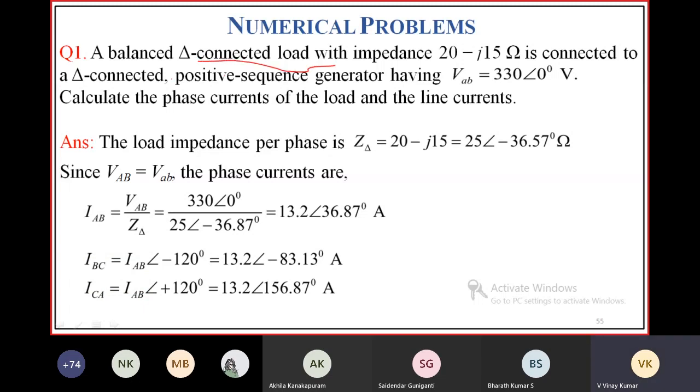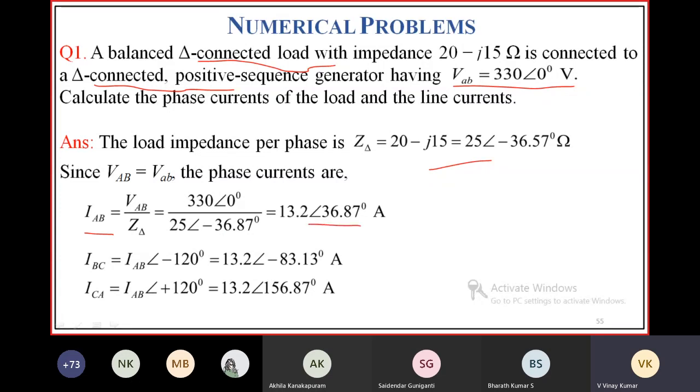Delta connected load, delta connected source. So directly line voltage is equal to phase voltage, and that line or phase voltage appears across the load. So simply IAB, same as the previous problem, VAB by Z delta: 100 at an angle of 0 degrees by 25 at an angle minus 36.87.